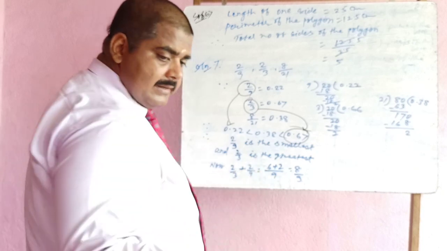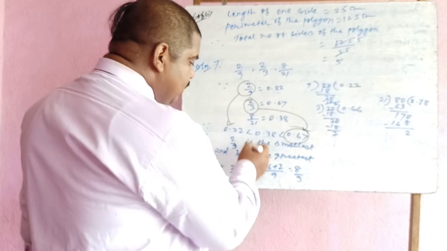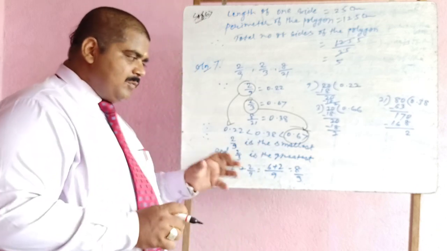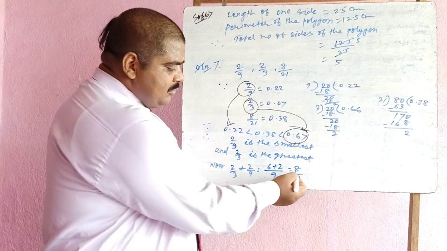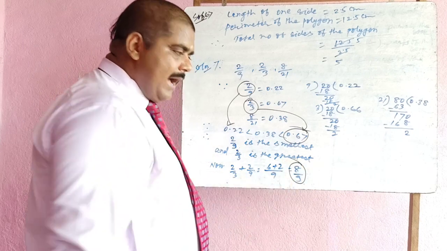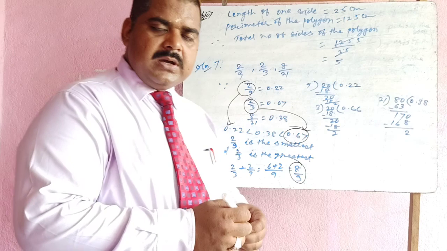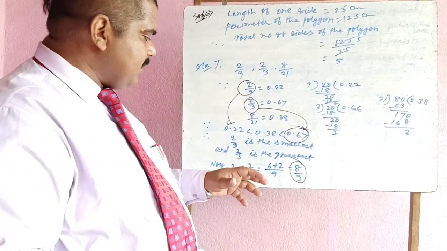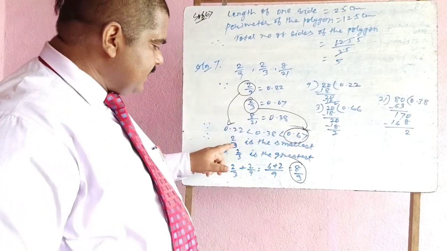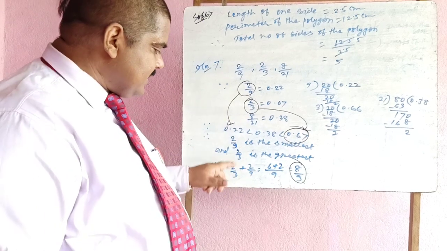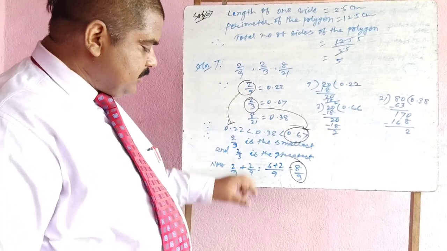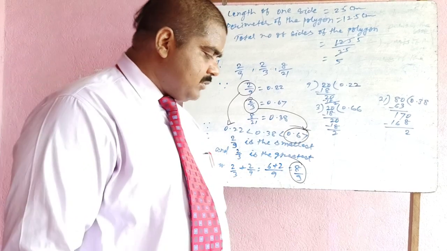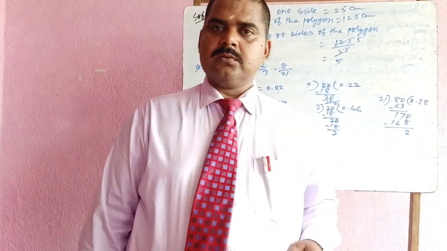In the question you have to add the smallest with the greatest, and on addition you get 8/9. So in this question you have to write 3 answers. First, smallest is 2/9, greatest is 2/3, and the sum of these 2 fractions is equal to 8/9.